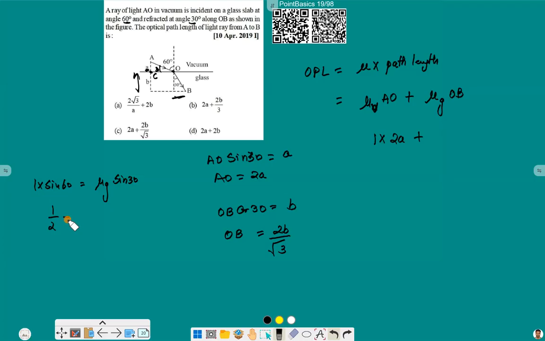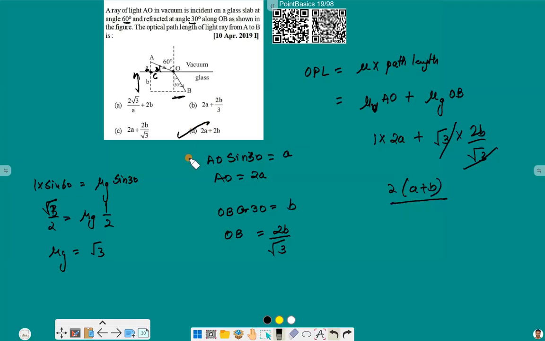So this will be root 3 by 2 equal to mu g into half. So mu g is root 3 here. So here we will get root 3 into 2b by root 3. Root 3 gets cancelled and we get total optical length as twice of a plus b. That is option D.